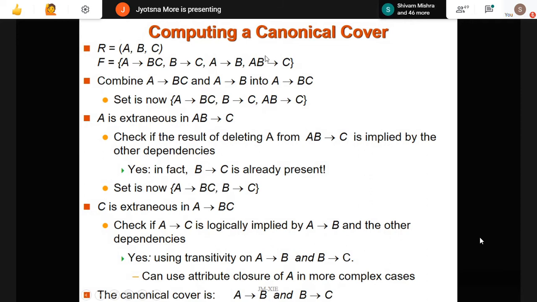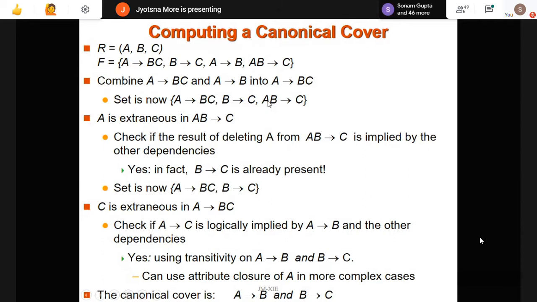Now, in my case, I know that A is an extraneous attribute in this AB determines C. Why? If I remove the A from this functional dependency, I am getting B determines C, which is already present over there, correct?